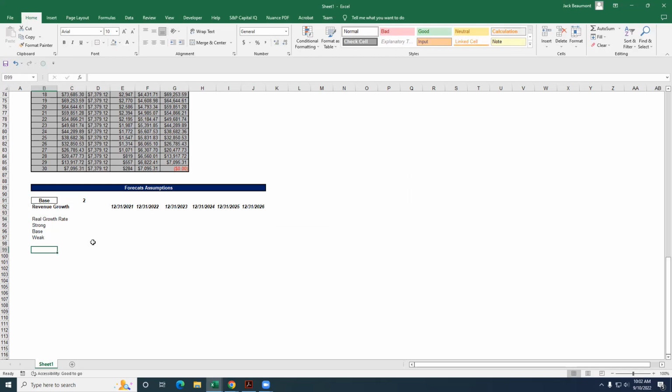So we've got the real growth. Real growth is without the inclusion of inflation. So, for example, let's say you invested in the S&P 500 and you earned let's say 10% annual return, but inflation was 5%.